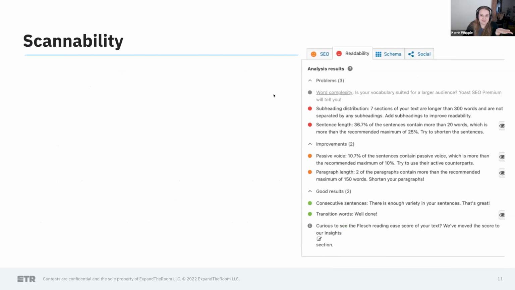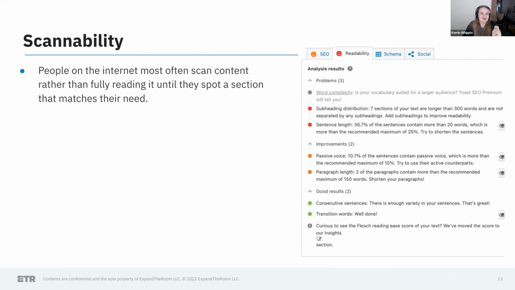And then scannability. After you've gotten your key phrase in, just general good readability practice: people on the internet aren't going to go to your article and immediately read every single word. They're first going to scan the content to make sure it's something they're interested in.